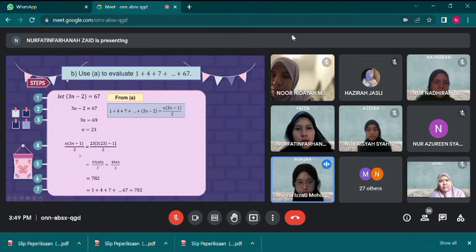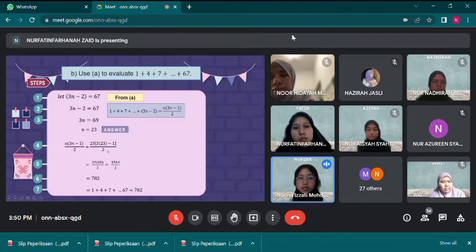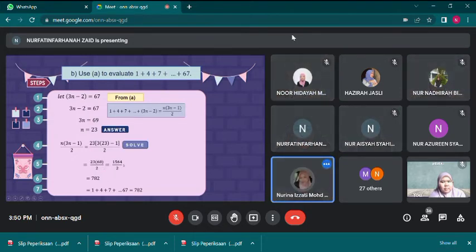So n(3n minus 1)/2 equals 23 times (3 times 23 minus 1) divided by 2, equals 23 times 68 divided by 2, equals 1564 divided by 2. So the answer is 782.